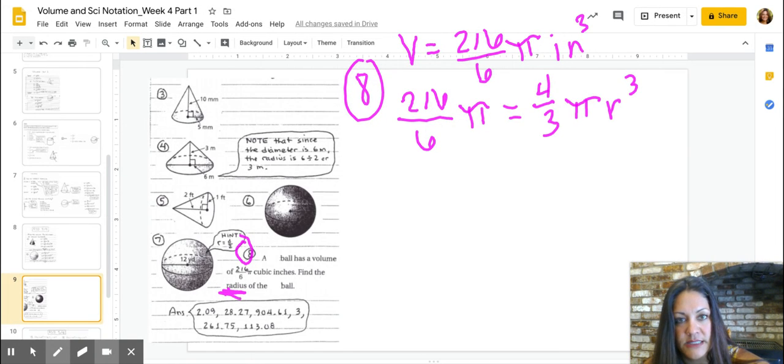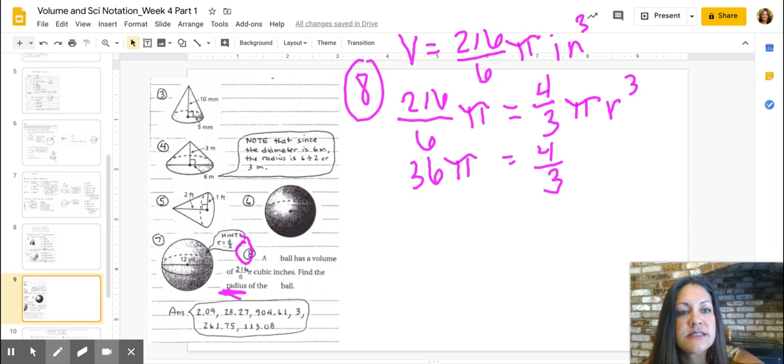So let's go 36 pi equals 4/3 pi times r cubed, and we're solving for r. So I'm just going to keep simplifying this. I'm going to go 36 times 3.141 equals 113.